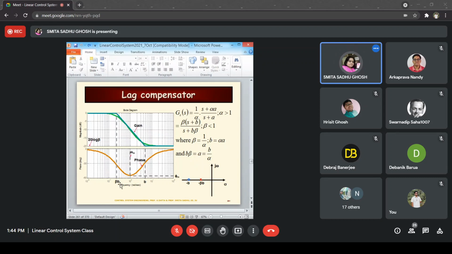Since beta is lesser than 1, beta B is the lower frequency of the two. So now beta B corresponds to the pole first. The magnitude starts at a constant value, that is 0 decibels, and then it goes down from the first corner frequency, which corresponds to a pole.